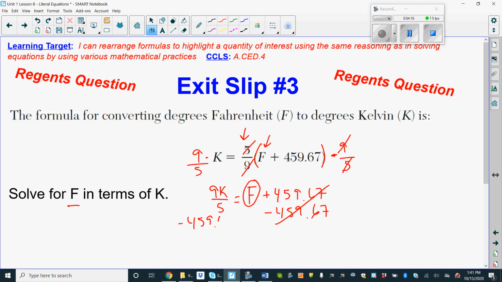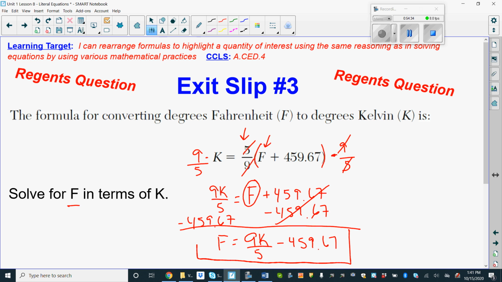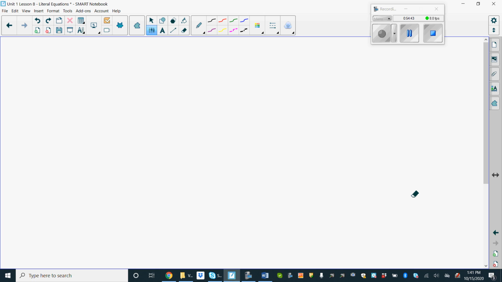There's nothing to subtract that from, so you're just going to rewrite it as F equals 9K over 5, because they're not like terms, minus 459.67. And that is F in terms of K. So that means K has to be in your answer. And now we are done with the lesson.